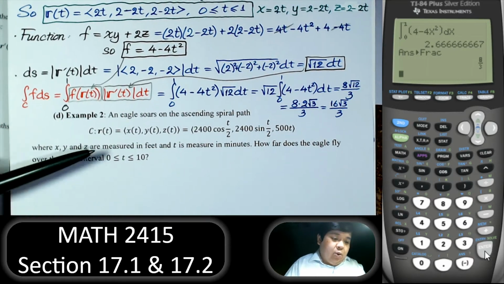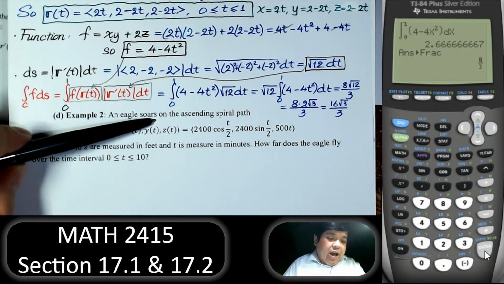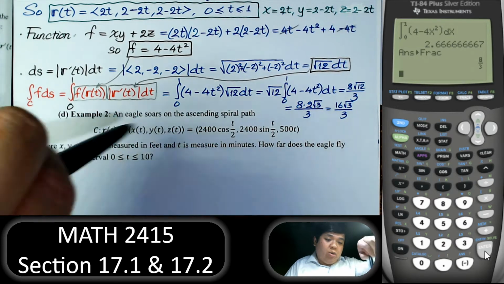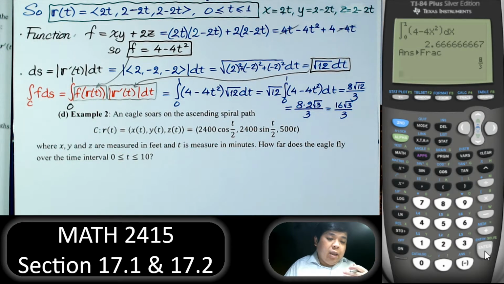Suppose that we have an eagle soaring in an ascending path, so it's going to spiral up. In this case, we don't have to parameterize it.